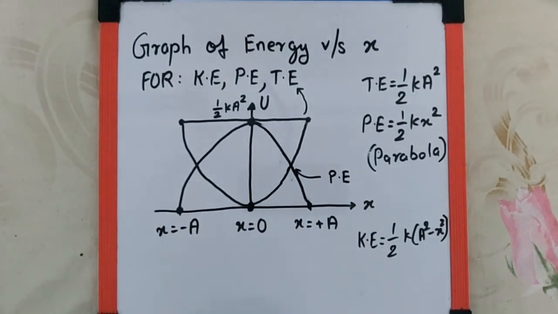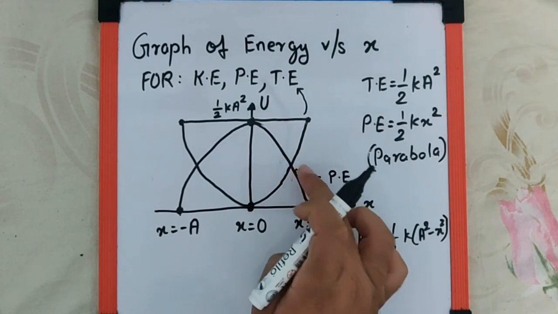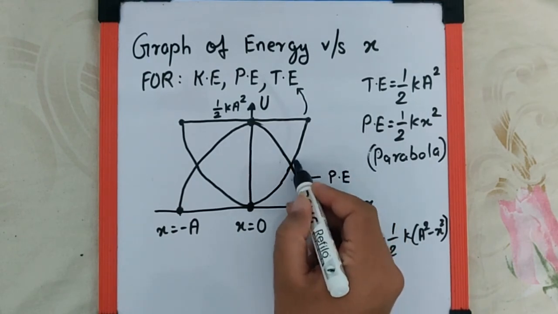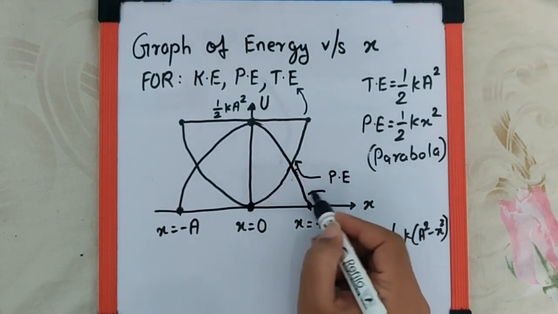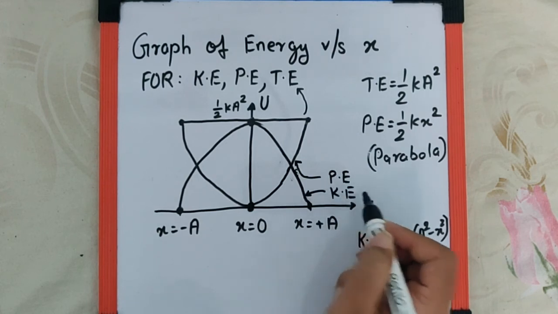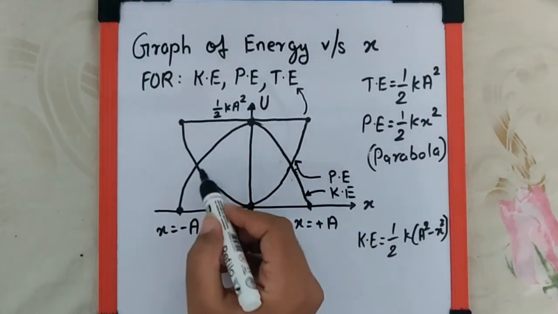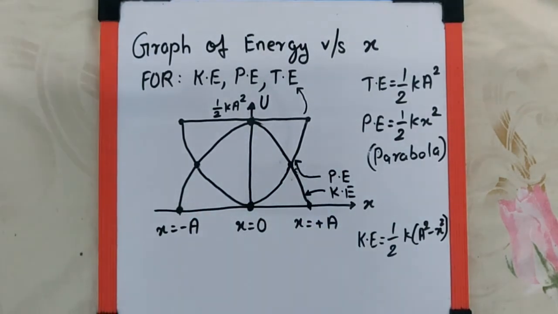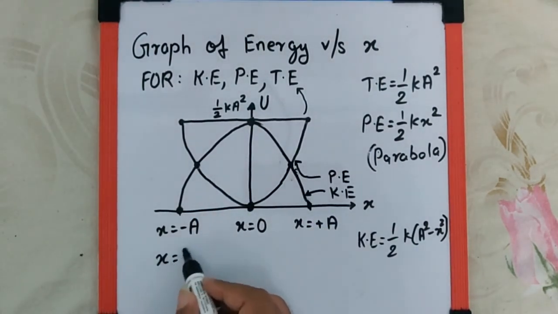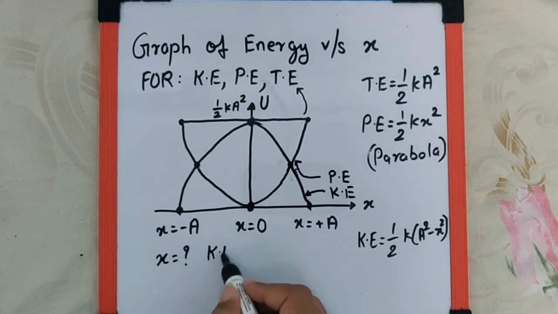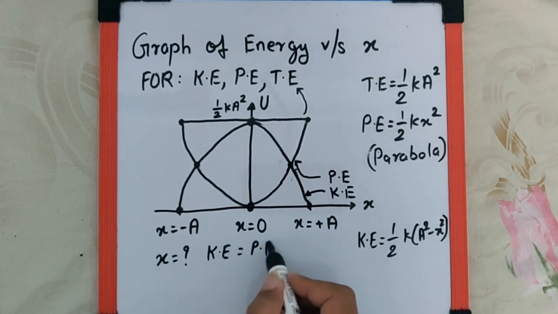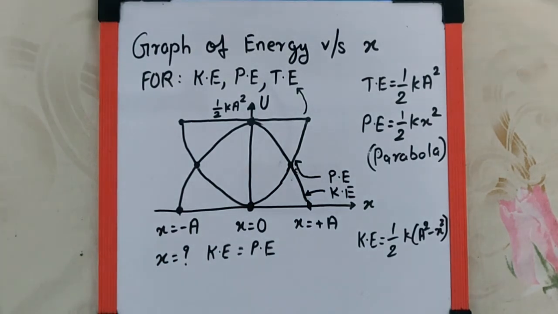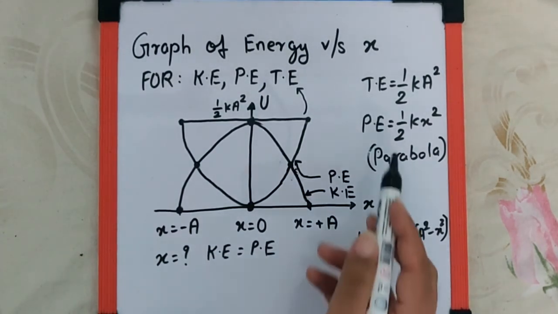Now as you can see, this one is for potential and this one is for kinetic energy. Both graphs meet at 2 points, which means there is a value of x where kinetic energy becomes equal to potential energy. Now to find that is very simple, just substitute the formulas we have.